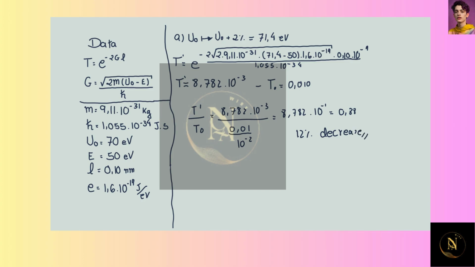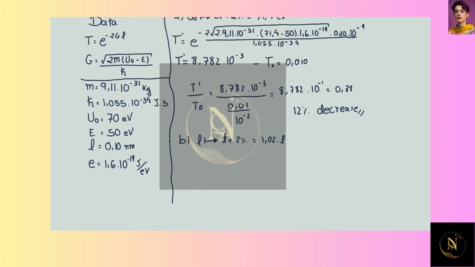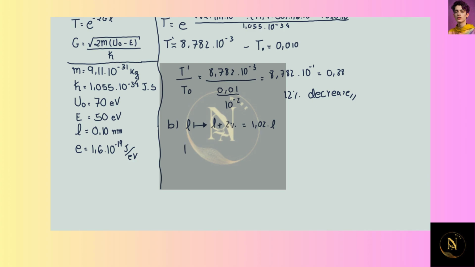Now in the second item, we have to make another change. We have to increase the thickness of the barrier by 2%. So this results in 1.02 times L. I'm not doing this calculation yet, and you'll see why. The new transmission coefficient is equal to e to the minus 2 times G times the new L, which is 1.02 times L. This is equal to e to the minus 2GL times 1.02.